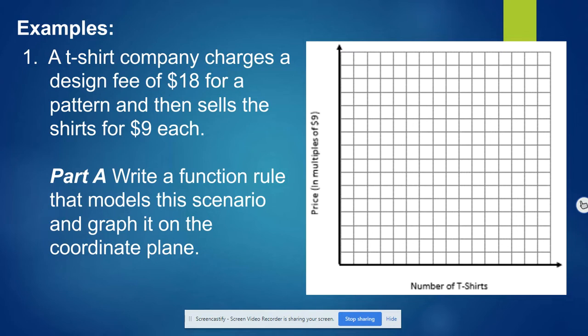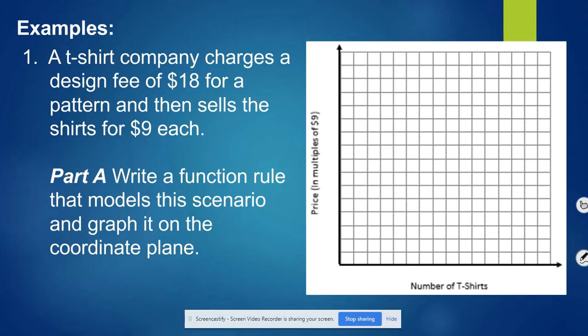All right, so here's our first real world example. A t-shirt company charges a design fee of $18 for a pattern and then sells the shirt for $9 each. If you order from this company and you have them design something for you, you're going to be charged that $18 regardless of whether you order a shirt or not. Write a function rule that models this scenario. Okay, so we're going to write that function.